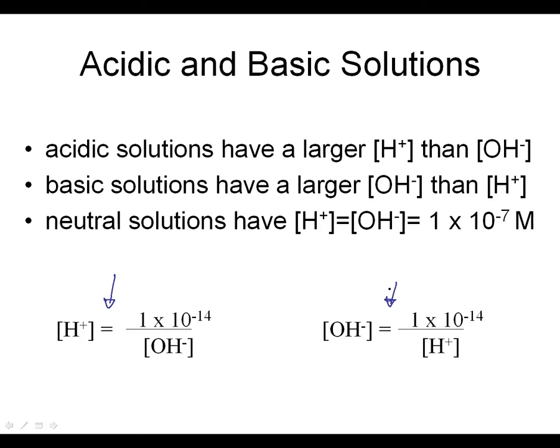Or vice versa, if you're given the H+ concentration and you want the OH- concentration, you take 1 times 10 to the minus 14 and divide it by the H+ concentration. The good news is it's really the same calculation regardless of which one they give you. You're basically just going to simply take 1 times 10 to the minus 14 and divide it by the concentration they give you.